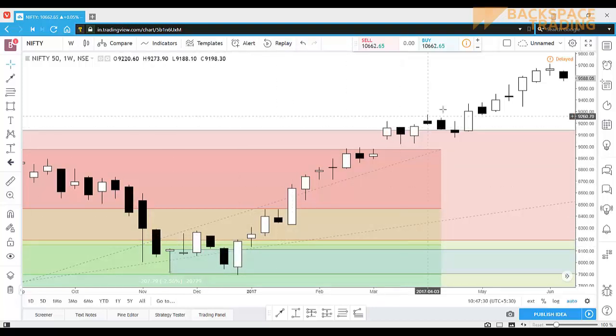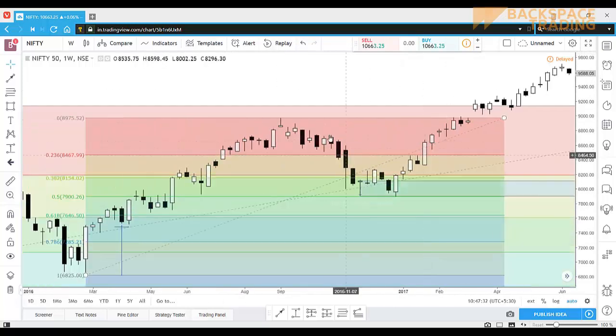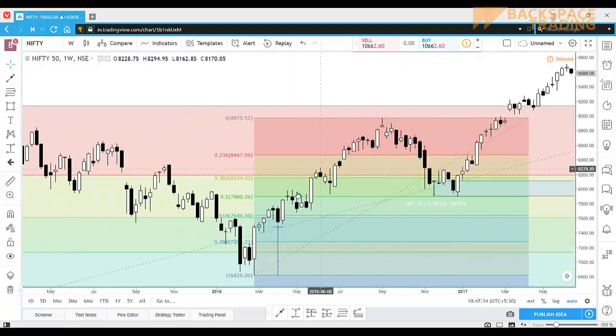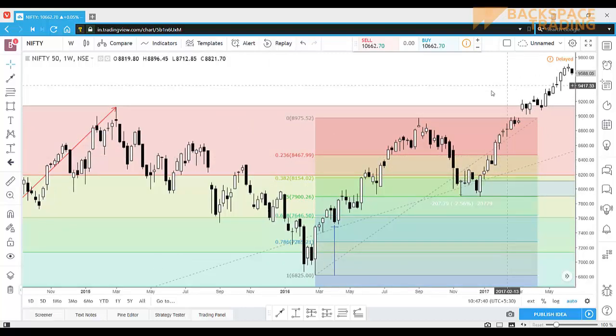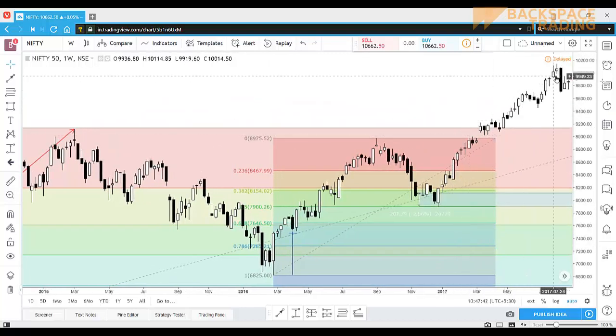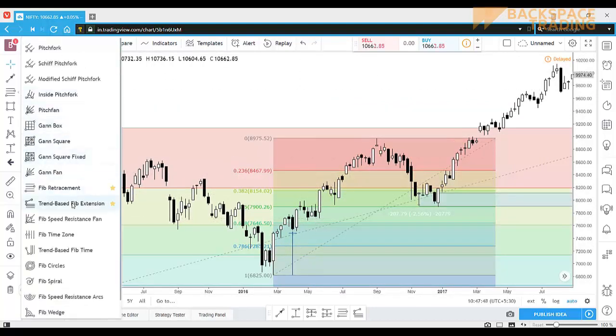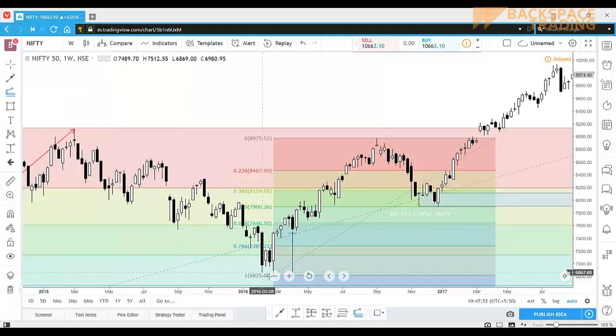Price soared up. Now price, after drawing this fib retracement tool, went above. How far can a price move upwards? We don't know that part, right? For that, we are going to use a tool called trend based fib extension. I'm clicking it. It's the same thing.